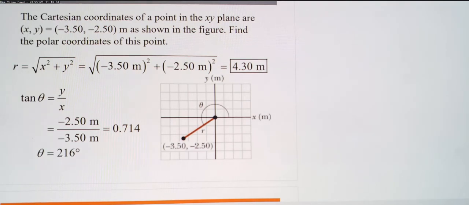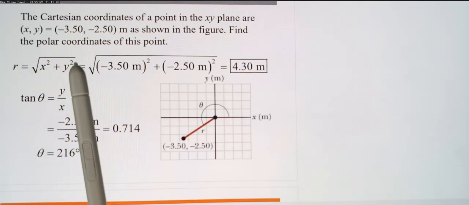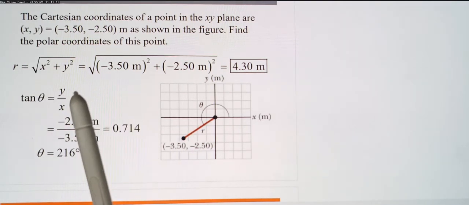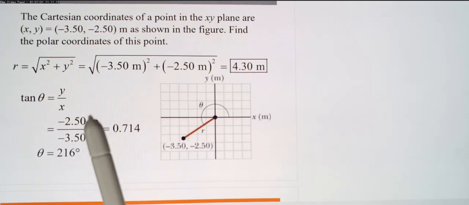That means we need to find R, the length of that vector, and we need to find theta, since he gave us the xy components. Well, just straightforward. And in this example, you need just to be careful about one point. I will mention it here.